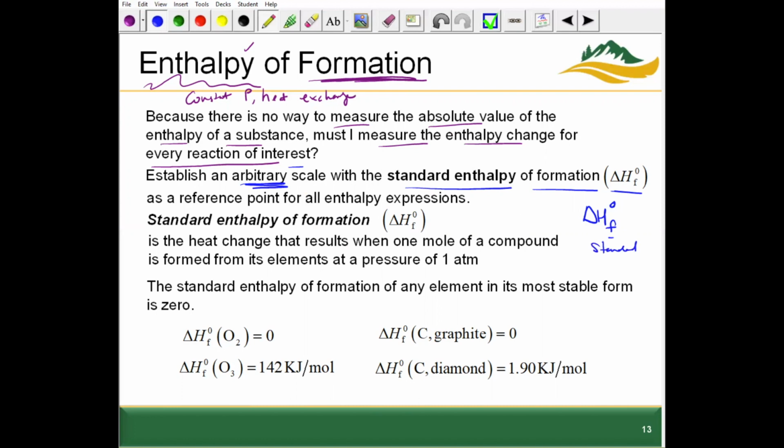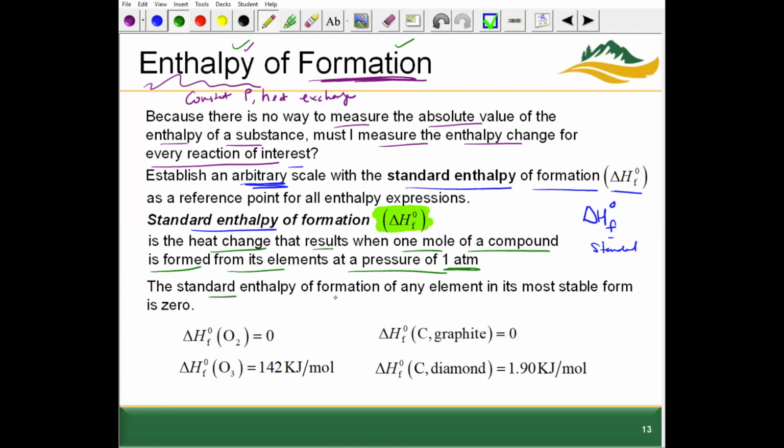So standard enthalpy of formation, you will see denoted like this. Let's define this importantly. The standard enthalpy of formation is the heat exchange that results when 1 mole of a compound is formed from its elements at a constant pressure. Here, a standard pressure of 1 atmosphere.